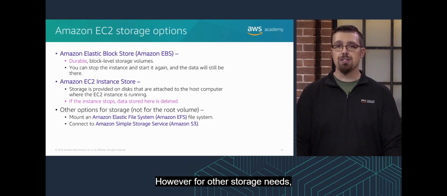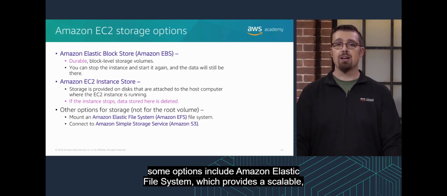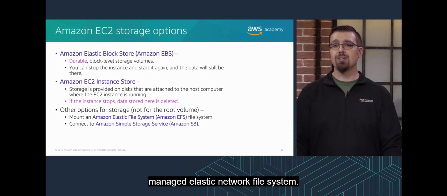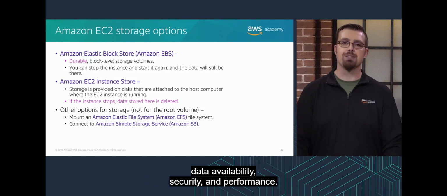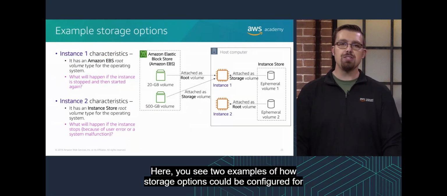However, for other storage needs, some options include Amazon Elastic File System, which provides a scalable, managed elastic network file system, and Amazon S3, which is an object storage service that offers scalability, data availability, security, and performance. Here, you see two examples of how storage options could be configured for EC2 instances.